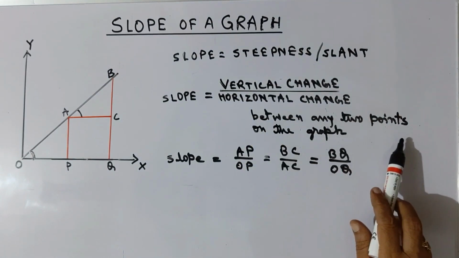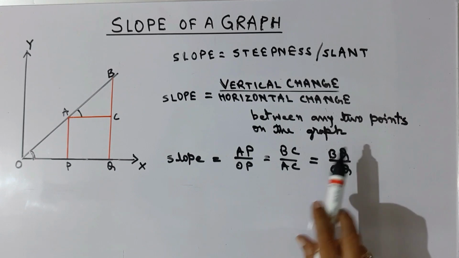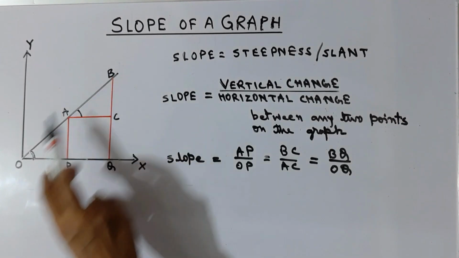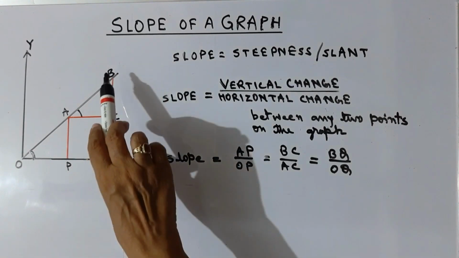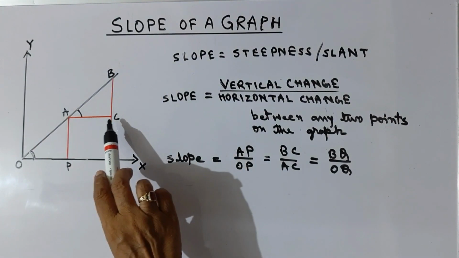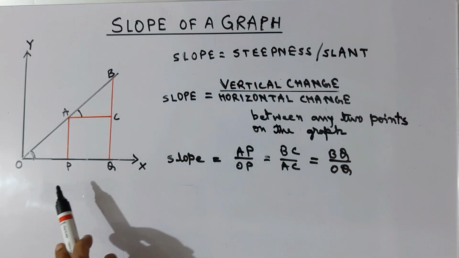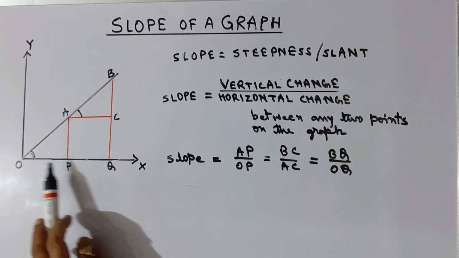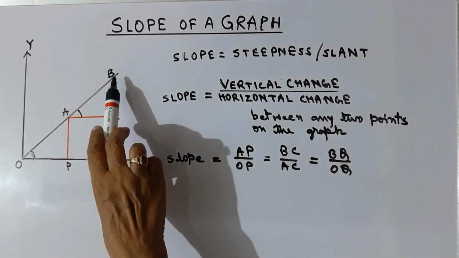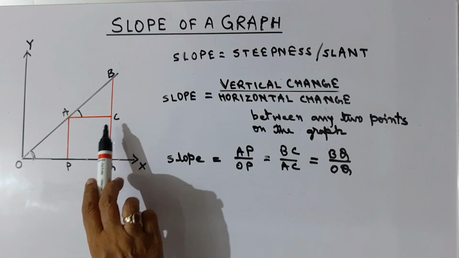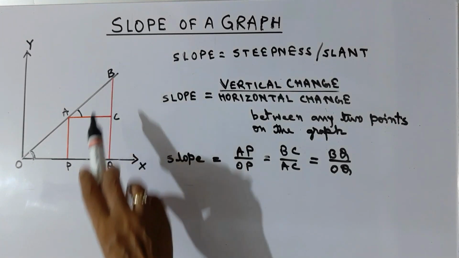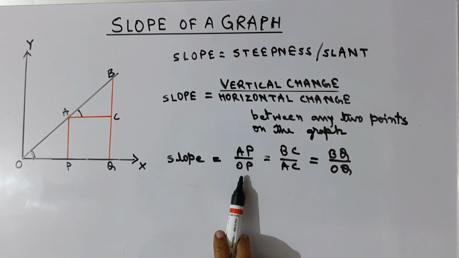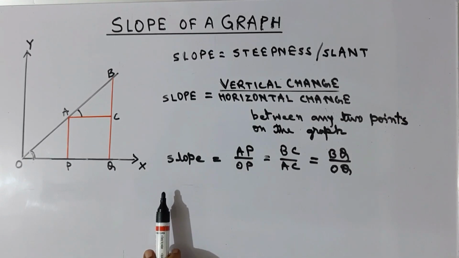Since the angle BOQ is equal to the angle BAC by construction, we can write that slope is equal to AP upon OP. This is also equal to BC upon AC and is also equal to BQ upon OQ. So this ratio gives the slope of the graph.